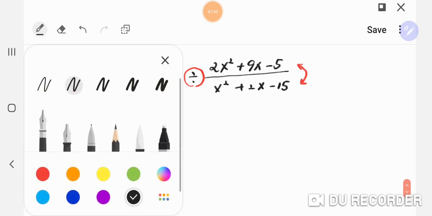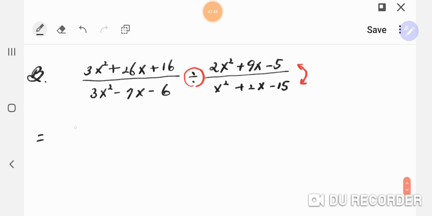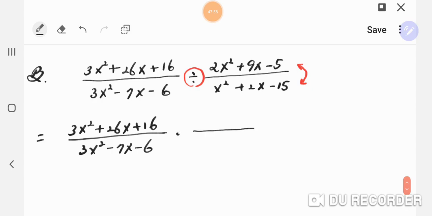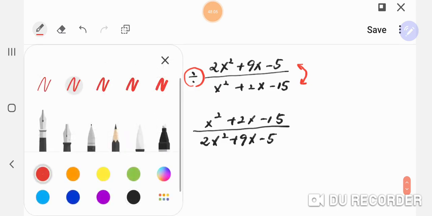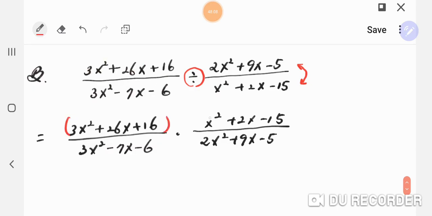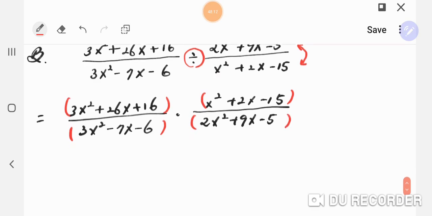So rewrite the equation. 3x squared plus 26x plus 16 divided by 3x squared minus 7x minus 6 multiplied by, the numerator goes to the denominator and the denominator goes to the numerator. And then we gotta do what? Factor each part.